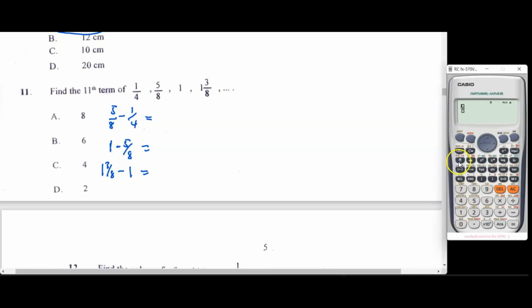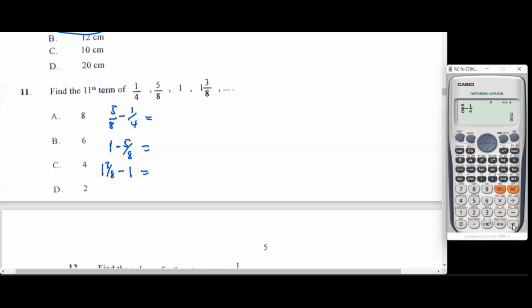So fraction 5 on 8 minus another fraction, 1 on 4. That will give us an answer of 3 on 8.